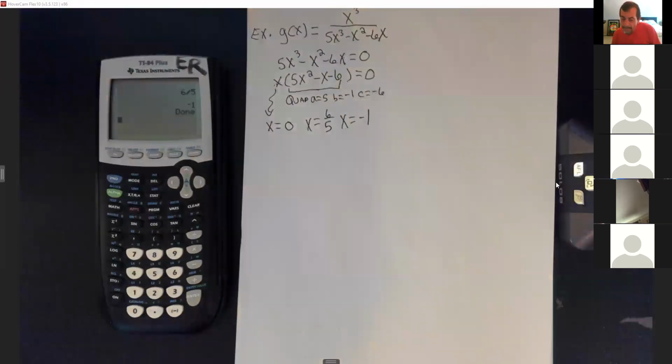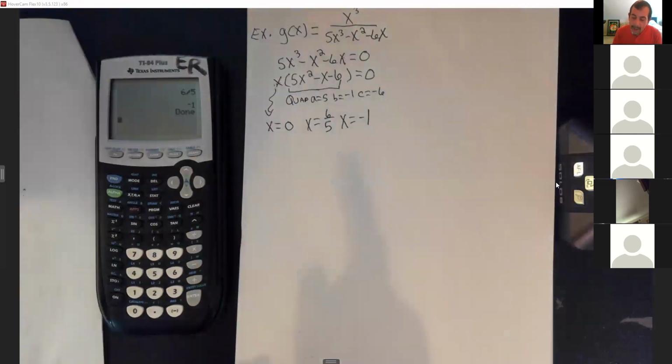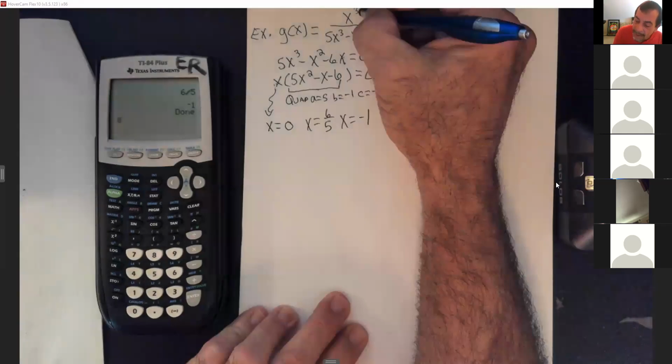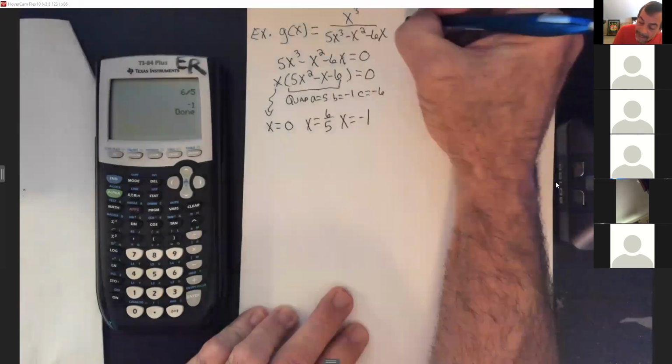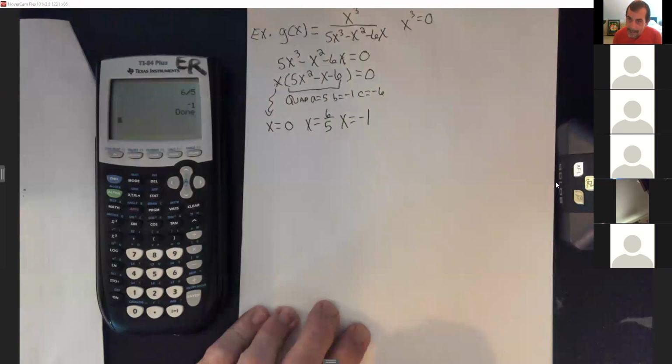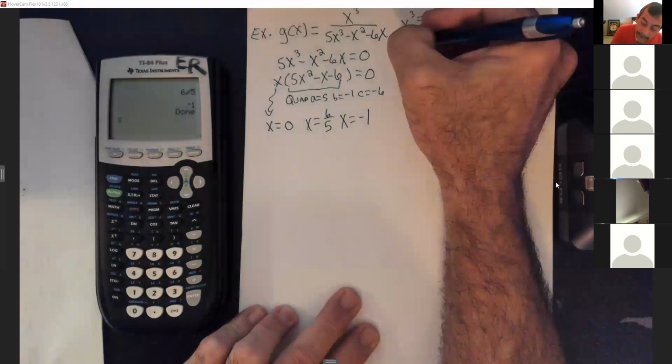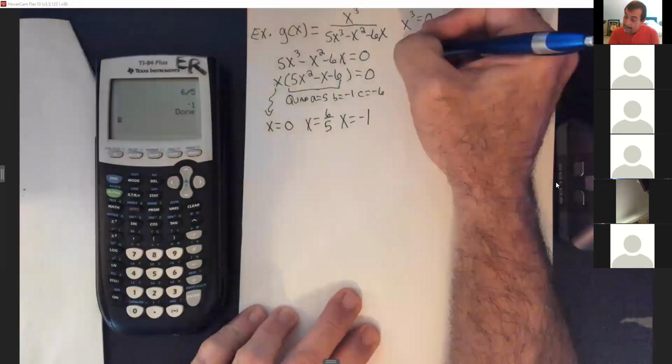So far I've got 3 possible vertical asymptotes, but notice on top I have a variable, so I'm going to have to set it equal to 0 real quick and see what answer that gives me. Well, y'all, there's only one number in this world that I can cube and get a 0, and that would be a 0.